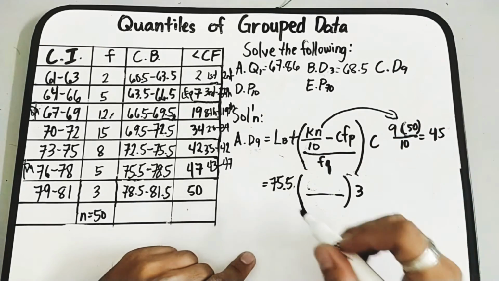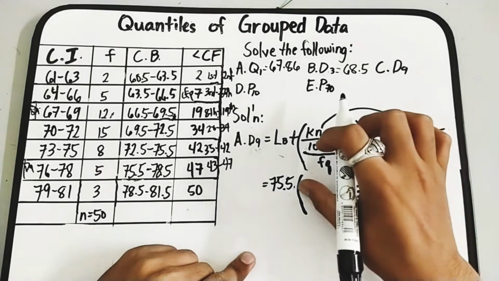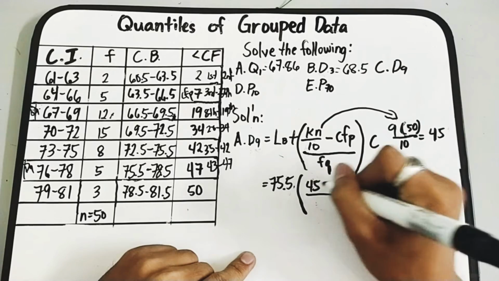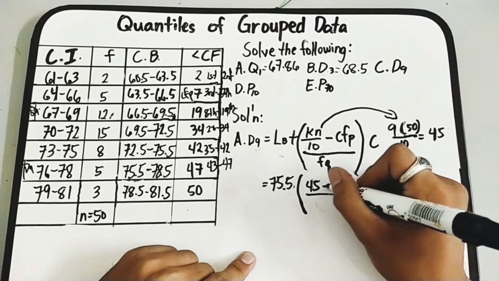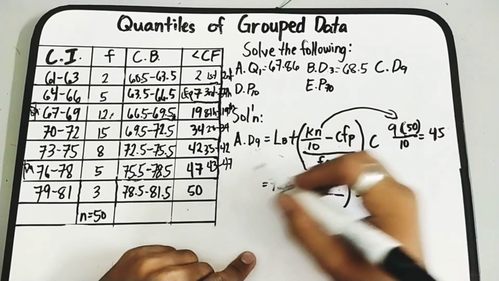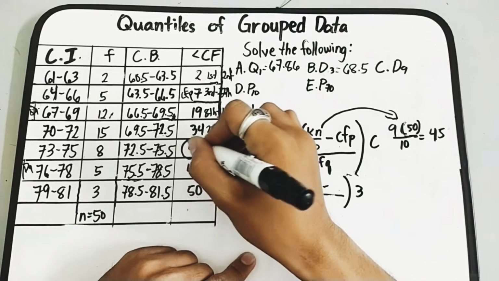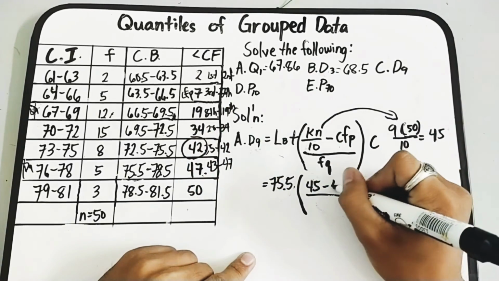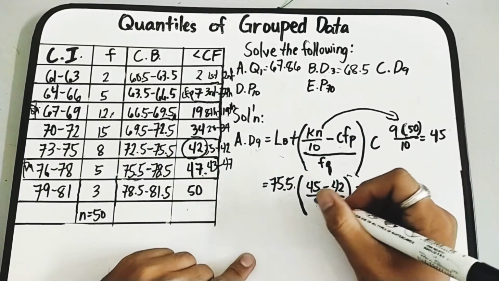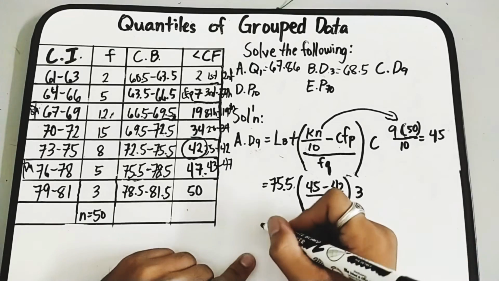Okay, 75.5. Next is, kailangan natin ma-identify yung kn over 10, which is na-compute na natin kanina, 45, minus cumulative frequency preceding or bago sa kanya. Alin ba yung bago sa kanya or sinundan nito? Diba ito? Ay, ito, 42. Therefore, 42 all over yung frequency ng class na to, decile class, you have 5. And class interval, 3 pa din.